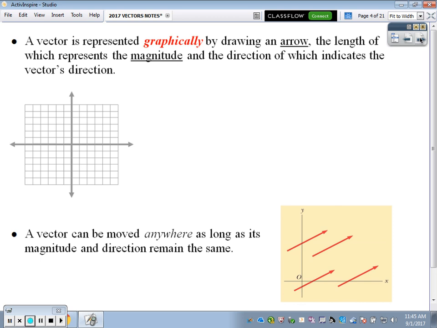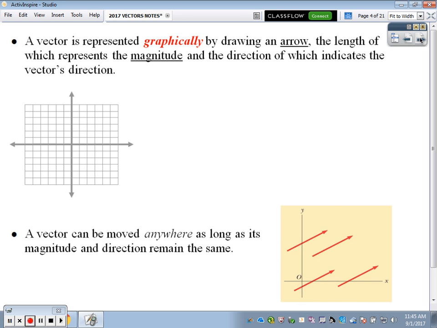If we have a force of 50 newtons and a force of 100 newtons, relatively speaking, the 100 newton force arrow should be drawn twice as long as the 50 newton force. The longer it is, the greater that magnitude is going to be. The shorter it is, the lower the value is going to be.